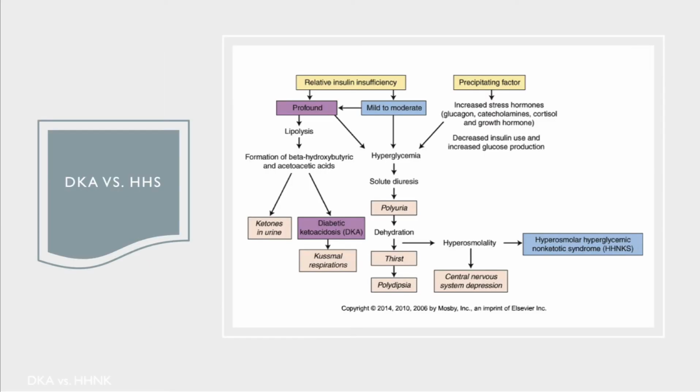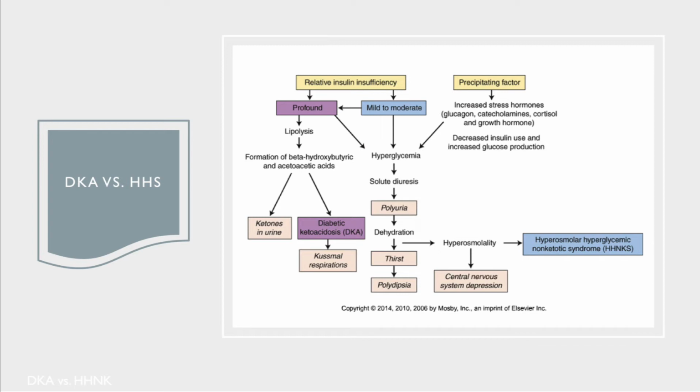All right, so DKA versus HHS, essentially the difference here is the presence of some endogenous insulin. So when a type 1 diabetic who does not make their own insulin gets sick, that starts this process where they begin having lipolysis, which leads to hyperglycemia.